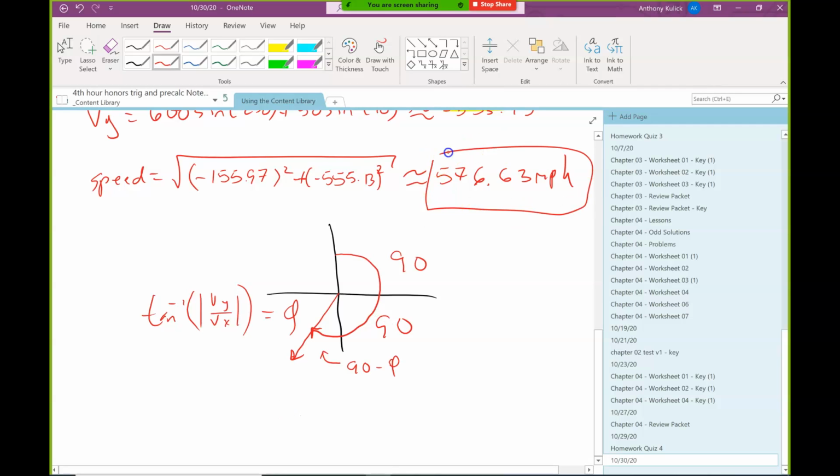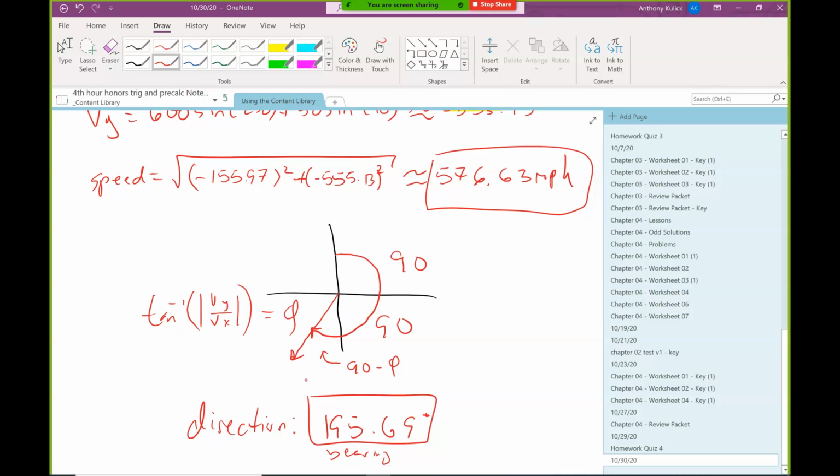So there's my speed, and that's the bearing. I think that's probably what they asked for. Yeah, it was a bearing. Is that okay? Okay.